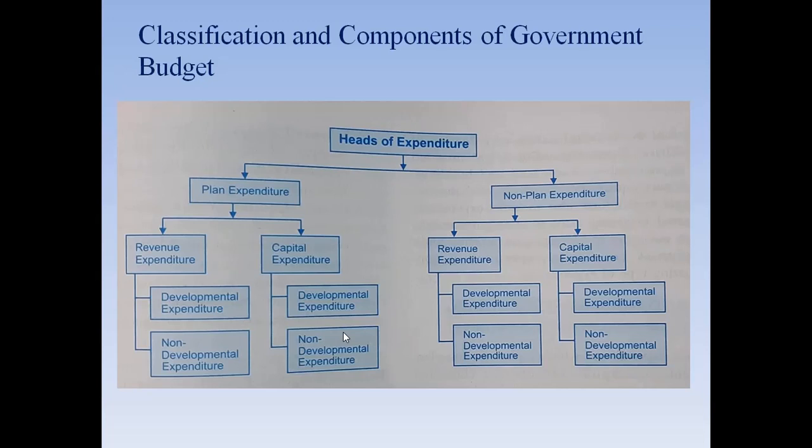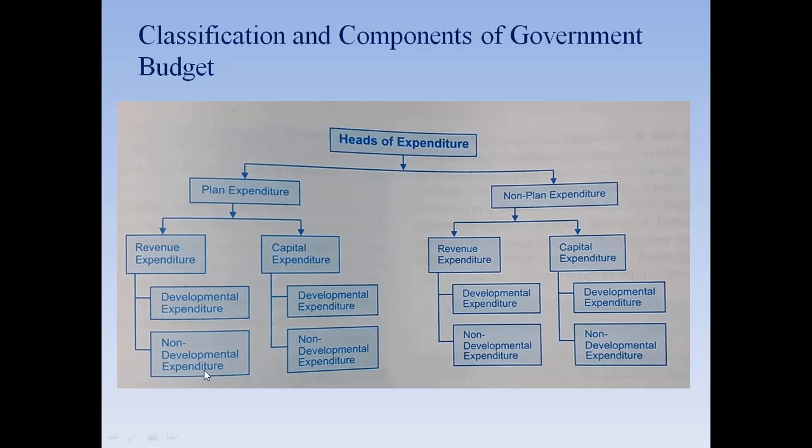Now this planned expenditure can be of two types. One is called revenue expenditure and the other one is called capital expenditure. Similarly, non-planned expenditures are also classified as revenue expenditure and capital expenditure, as you can see here nicely. Under planned expenditure, revenue expenditure can be developmental expenditure or non-developmental expenditure.